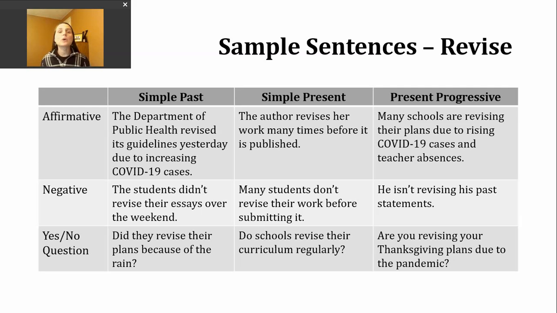You might remember we're using this verb tense to talk about an action that was completed at a definite time in the past. Sometimes that definite time is marked in the sentence. There's a time signal like the word yesterday or last month or 10 years ago, something like that.